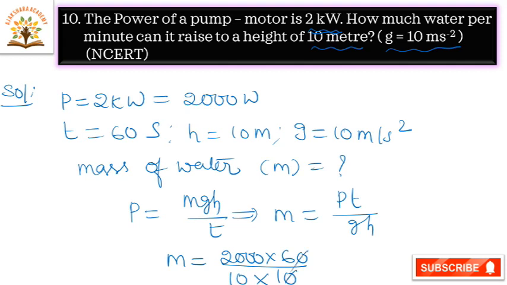The 0s get cancelled. So that is equal to 200 into 6, 1200 kilogram. Therefore m is equal to 1200 kilogram. This is the final answer. Okay, next we will go to this question.